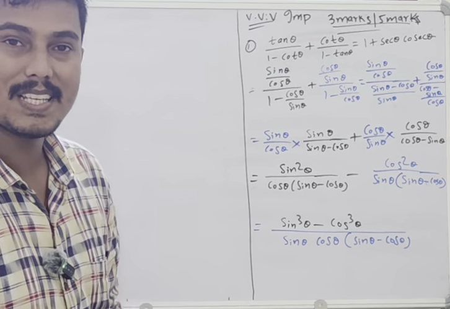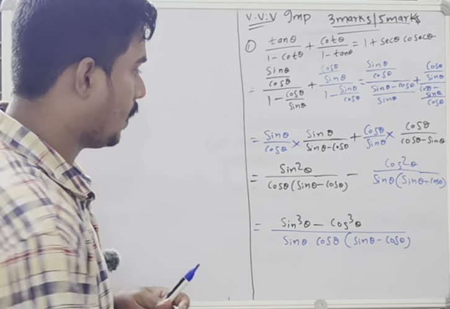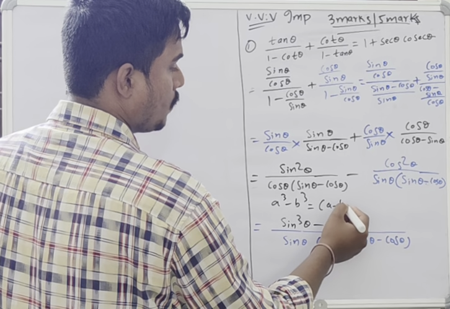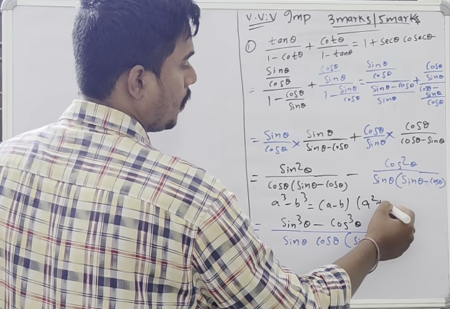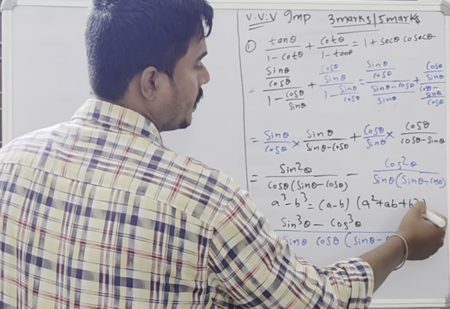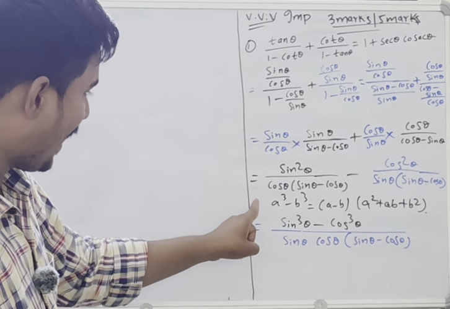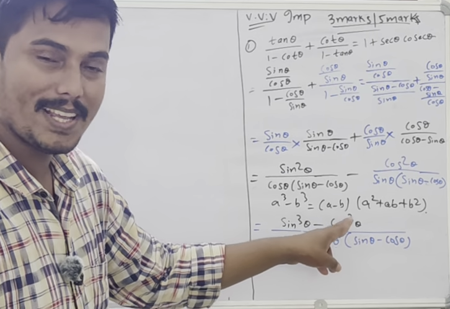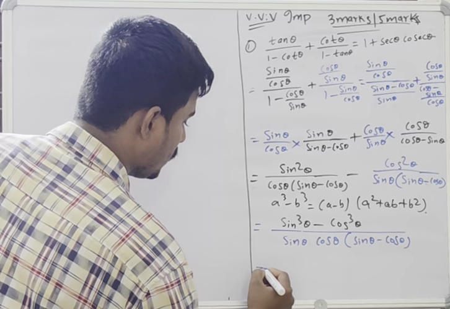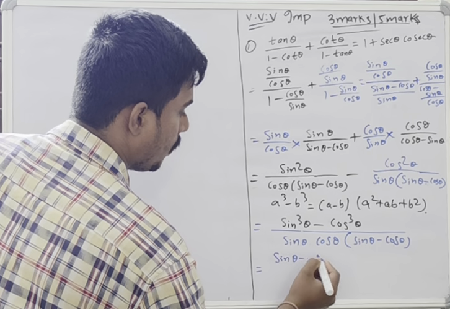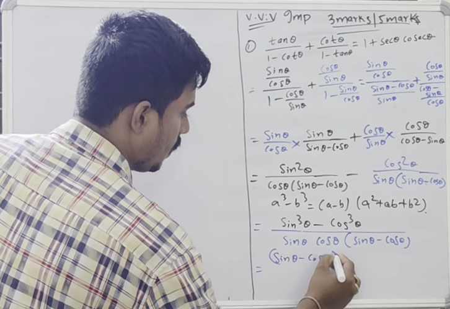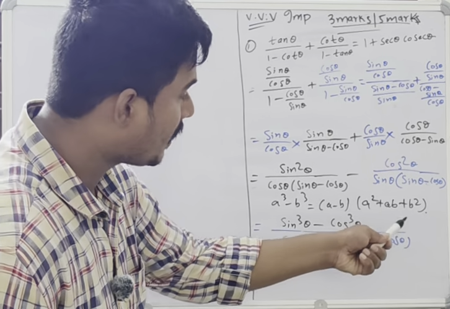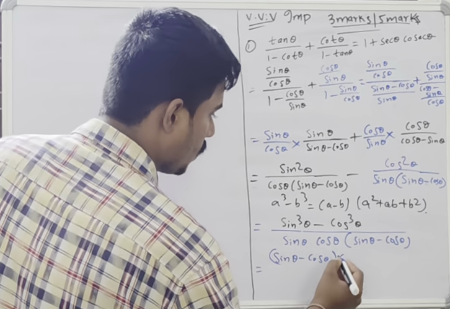Now this is a cube minus b cube. What is a cube minus b cube? A cube minus b cube is equal to a minus b of a square plus ab plus b square. Let us apply it. So sine cube theta minus cos cube theta is sine theta minus cos theta of a square, sine square theta, b square, cos square theta, ab, sine theta into cos theta.